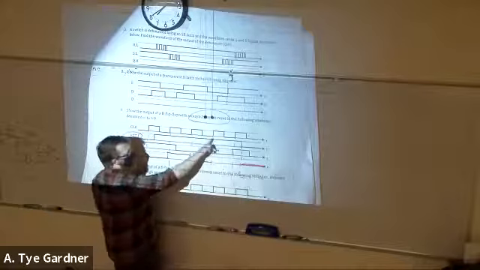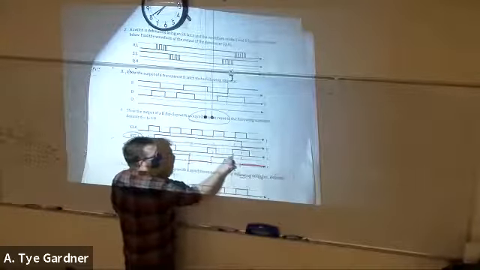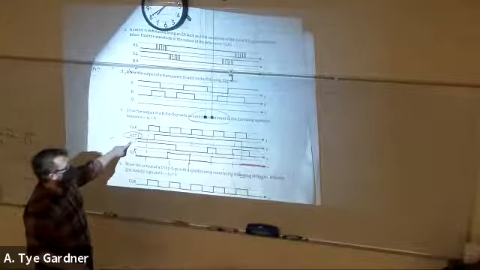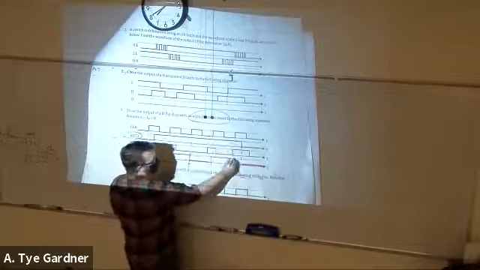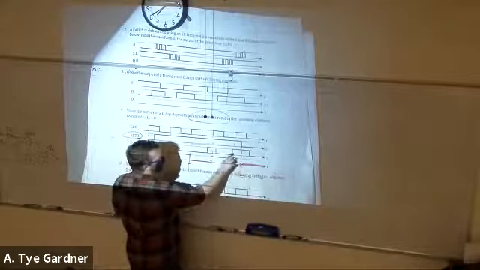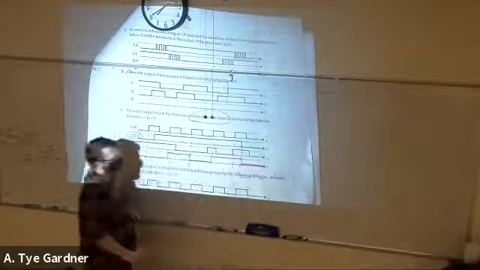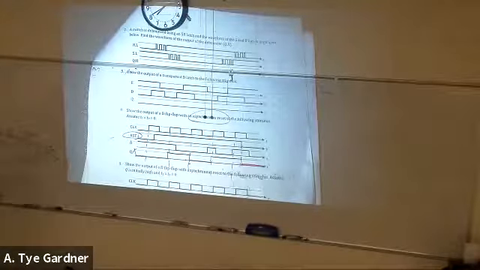Okay, data is 1. Clock edge, data changes just before the clock, and it is still 1, and then resets and drops to 0. If you messed up that last one, I don't blame you. It's kind of hard to see with my dashed lines.